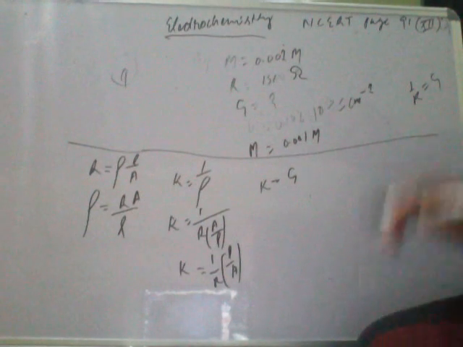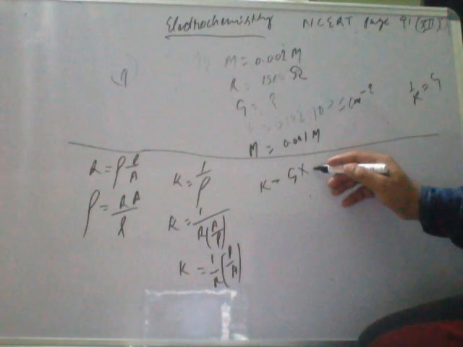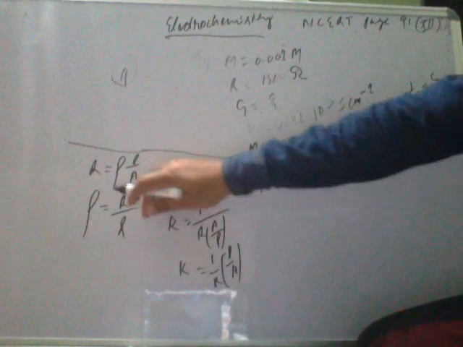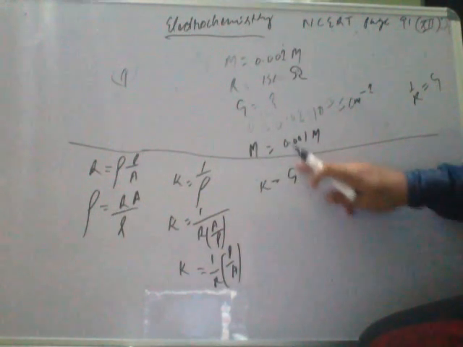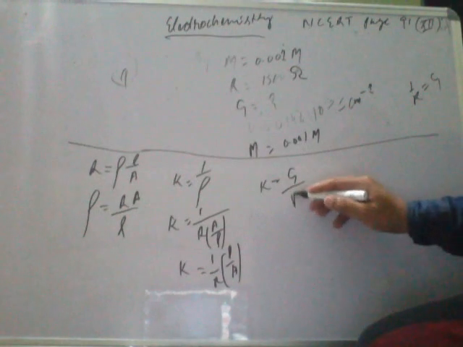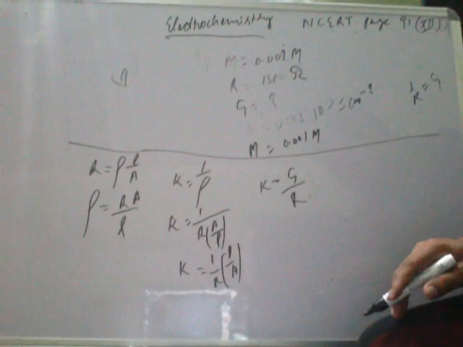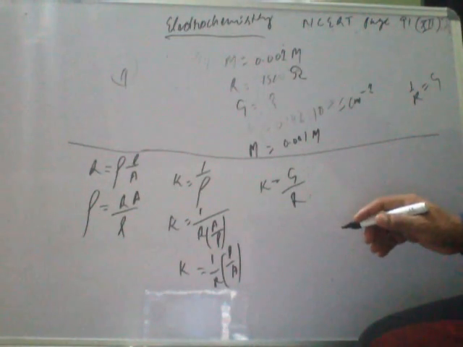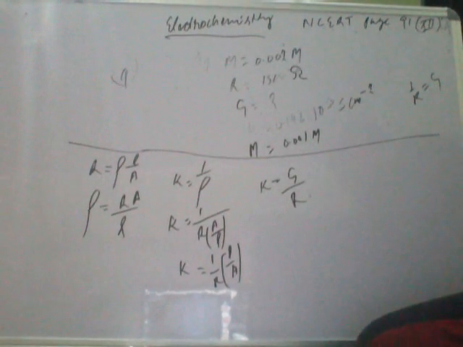L by A is the cell constant. So it becomes G star by R, simply you can put G star by R.